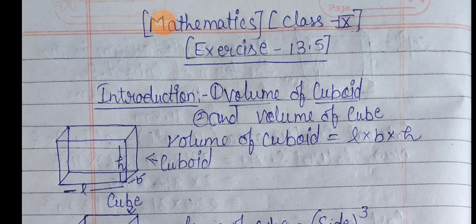In the previous exercise 13.1, which was dependent on the cube and cuboid, we dealt with surface area, and this exercise is basically based on the volume of a cube and cuboid. So we have to introduce the meaning of volume, how to apply the formula of volume of a cube and cuboid in these questions, and then how to solve them.